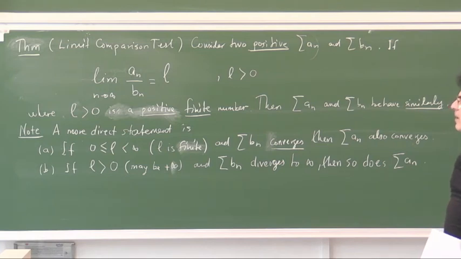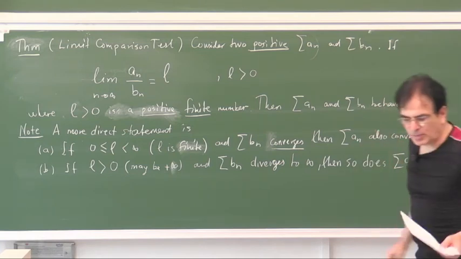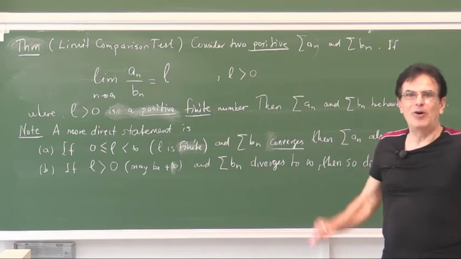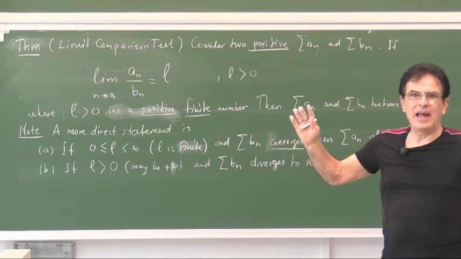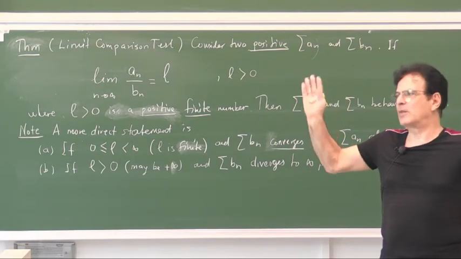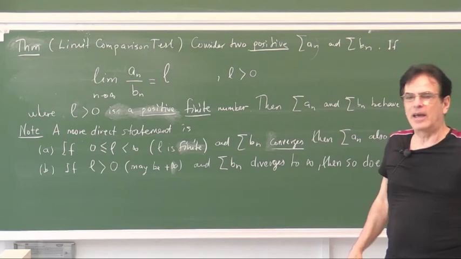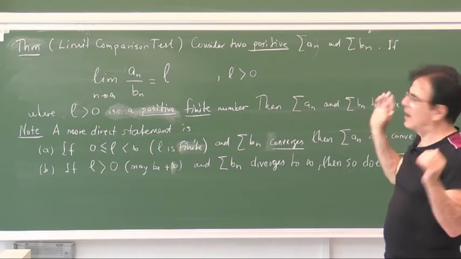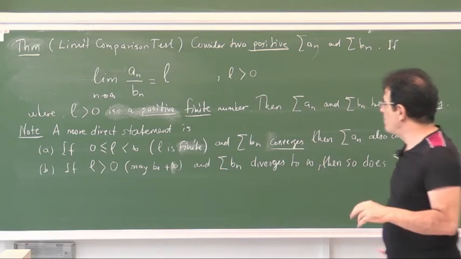Okay? But usually we expect that L is a finite positive number, not zero, not infinity. And the behavior of the two series is similar. So if sigma bn is convergent, then sigma an is convergent. If sigma bn is divergent, sigma an is divergent. Okay?